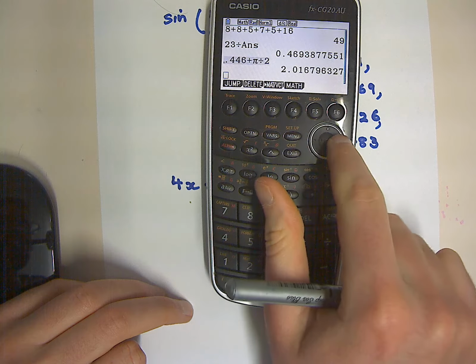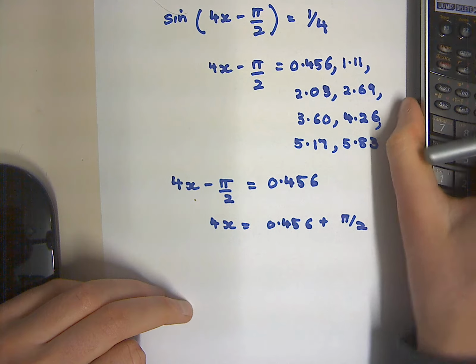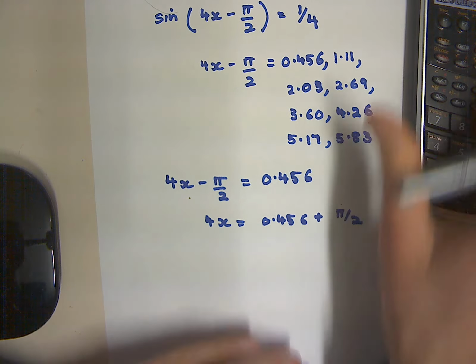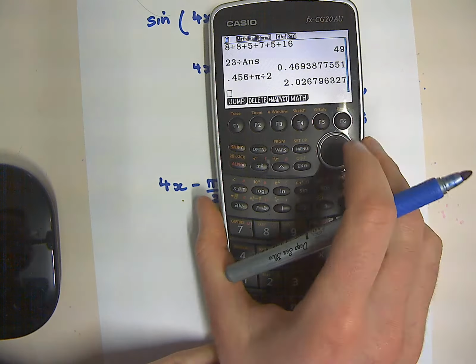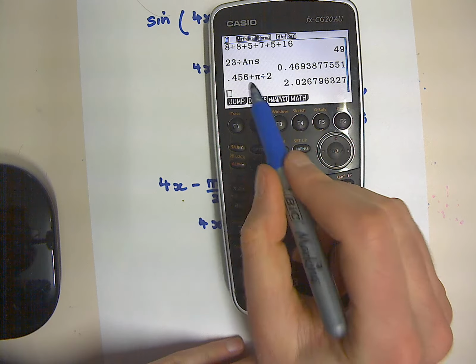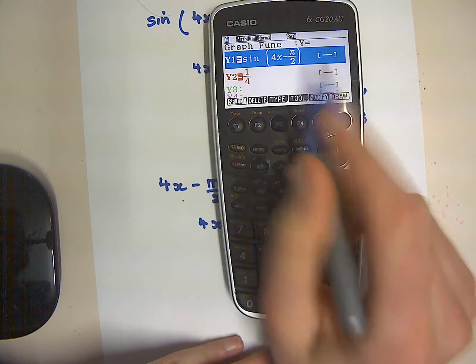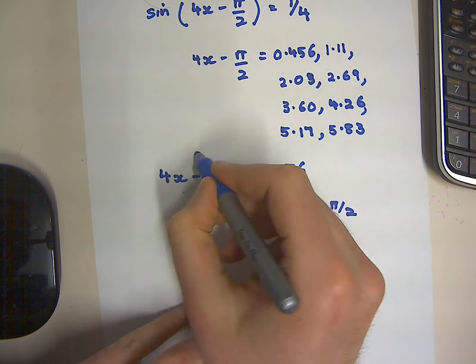Oh, I've put in the wrong thing. Actually, by graphing sine of 4x take π/2, that's just given us our solutions there.